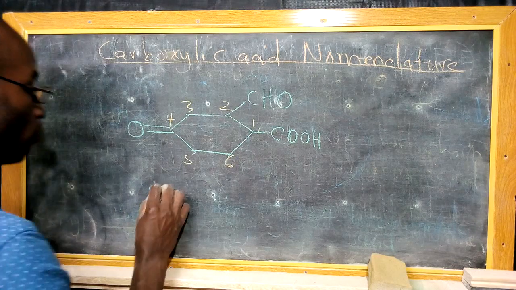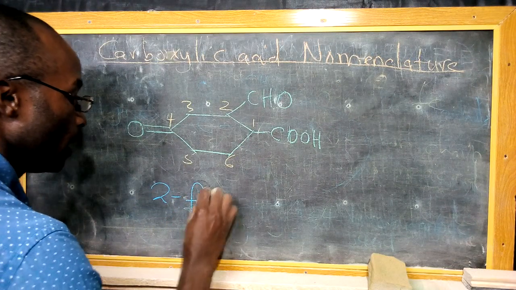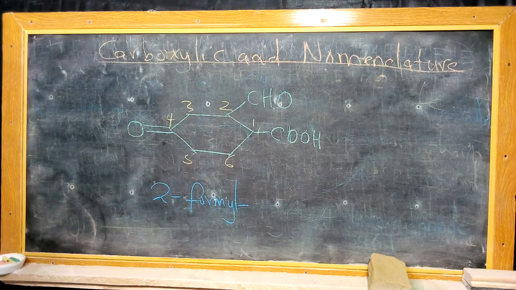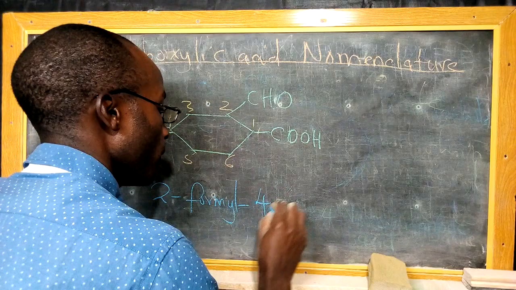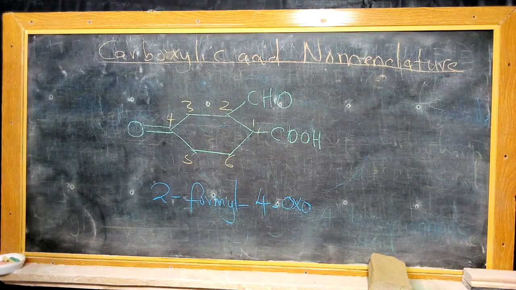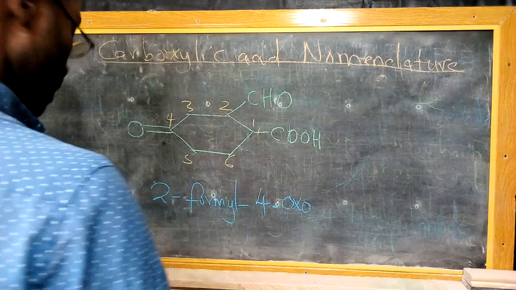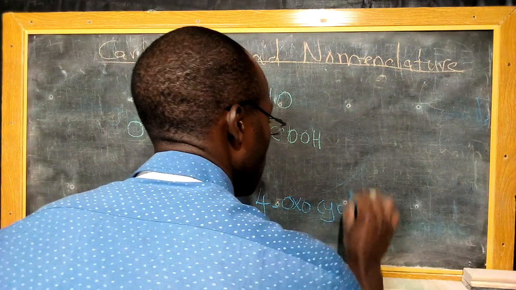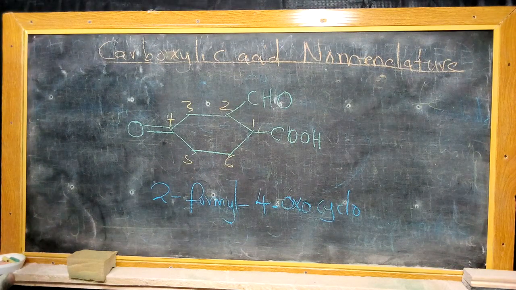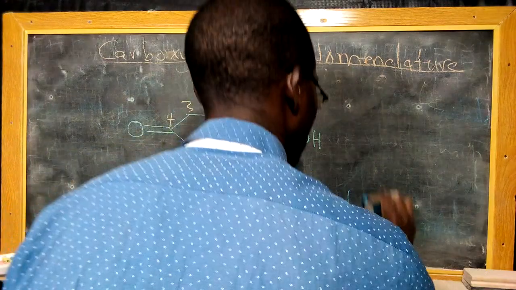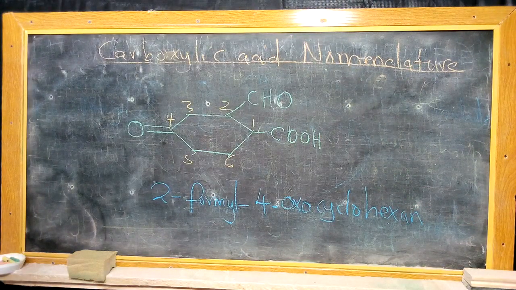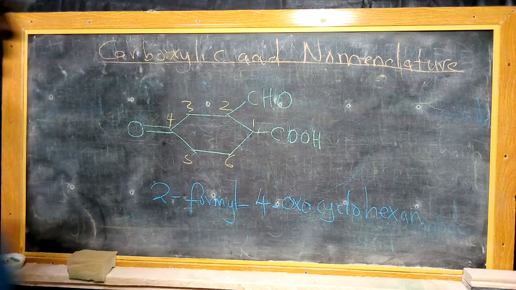So the name will be 2, a substituent, which is formyl, another substituent, 4, oxo, and then the parent group is followed by the name cyclo, for cyclic compounds. So it is 2-formyl 4-oxo cyclohexane carboxylic acid.